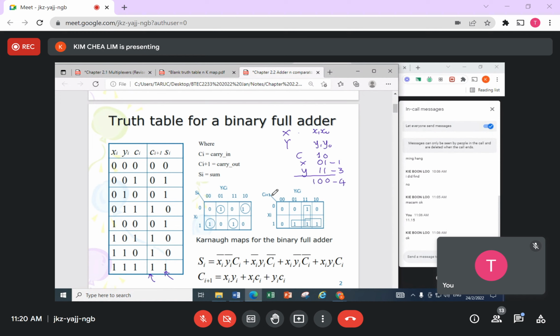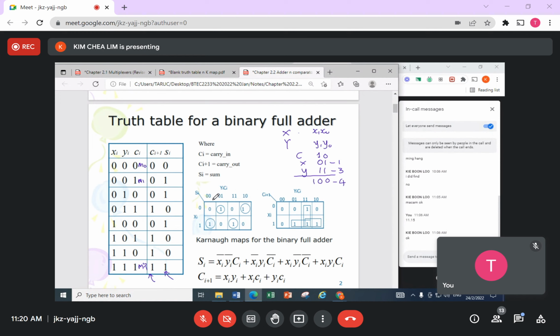I hope you all can remember Karnaugh map. 0, 0, 0, 1, 1, 1, 1, 0. And this is 0, 1. So we fill in according to the min terms. This is min term 0, min term 1, up to min term 7 here.